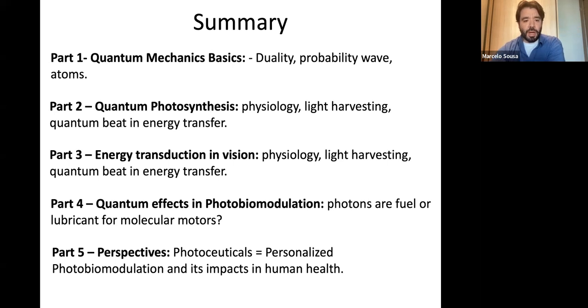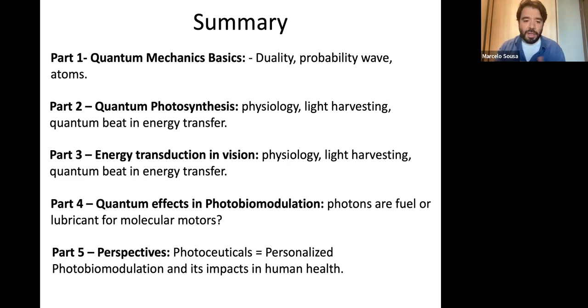But also I will very quickly talk about another 2 effects of photobiology, photomedicine, that is the energy transduction in vision, in the bastonets in your retina, and also about quantum effects in photobiomodulation.